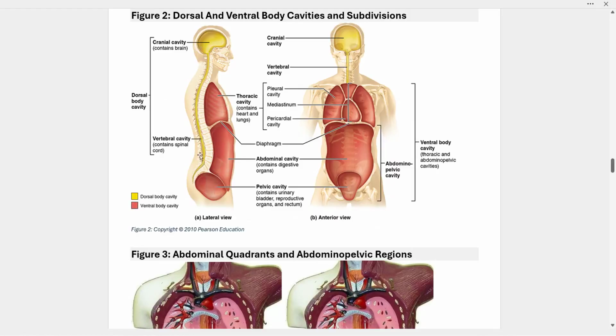So dorsal and ventral. We have the cranial cavity, which contains your brain. The vertebral cavity contains your spinal cord, and that is the dorsal body cavity. The ventral body cavity is the thoracic and abdominopelvic cavities. So here is the abdominopelvic cavity, and here is the thoracic cavity.